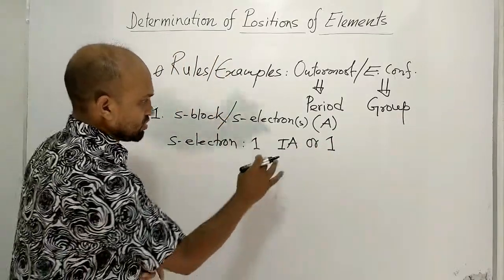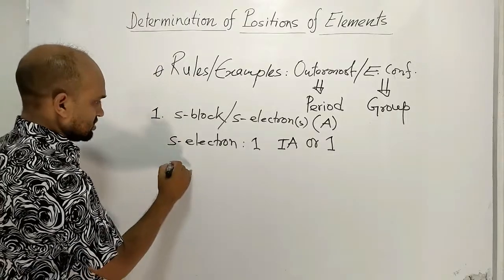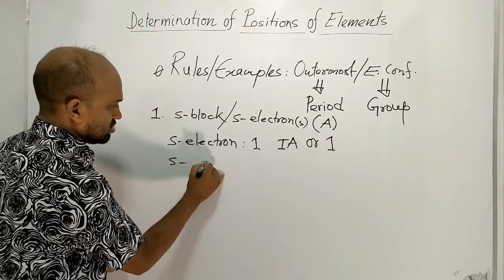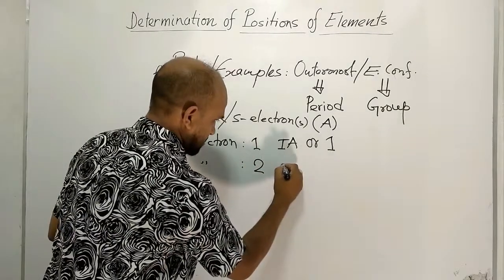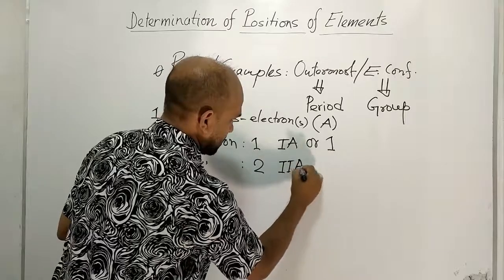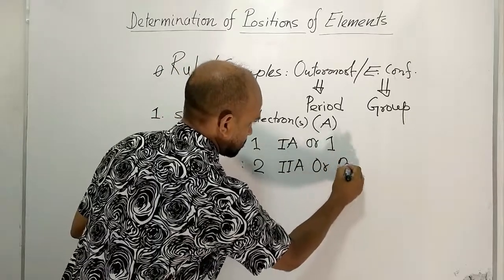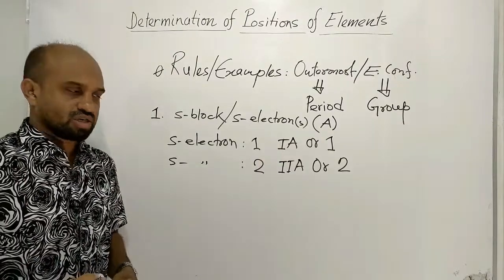If it is S electron 2, then the element will be in column 2A or 2. Now let's see one example.